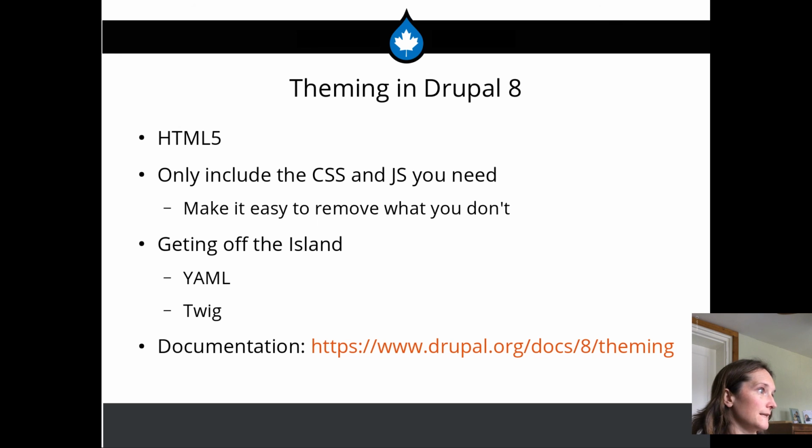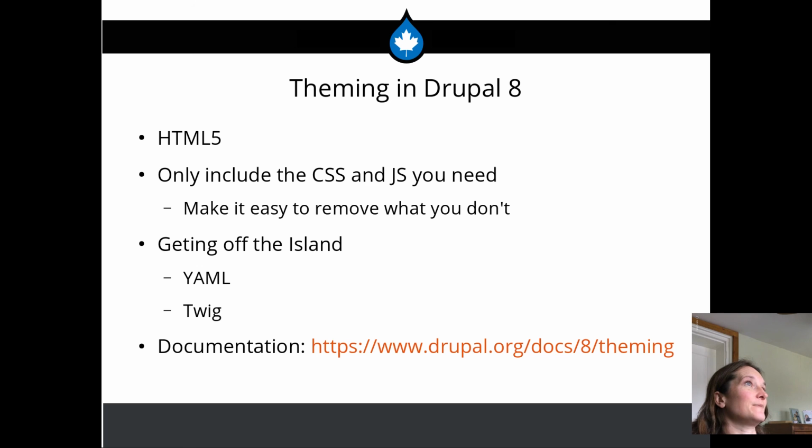Another main principle is that we only include the CSS and JavaScript you need. That was a big push for restructuring theming in Drupal 8, to make sure that themers could control which CSS and which JavaScript is actually being loaded and rendered.